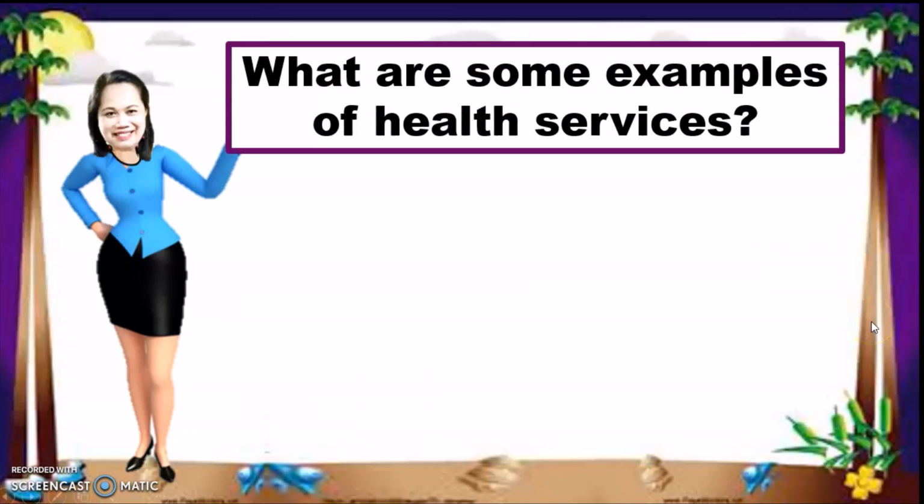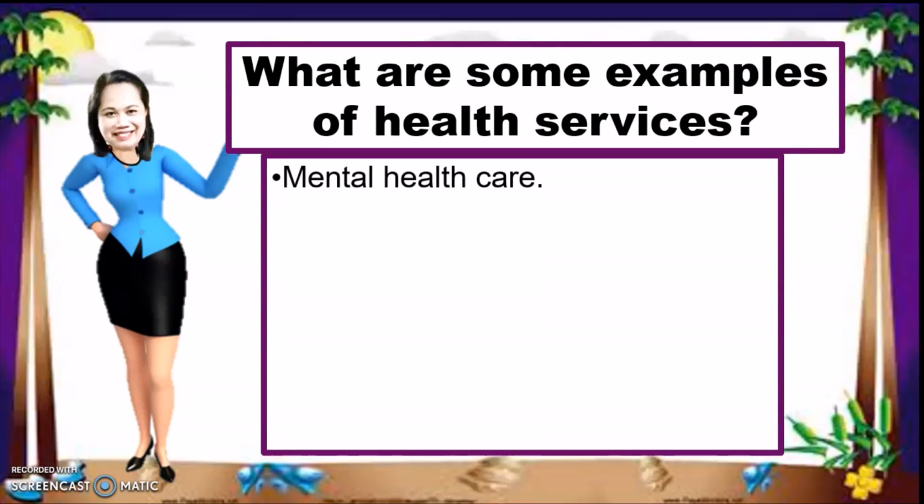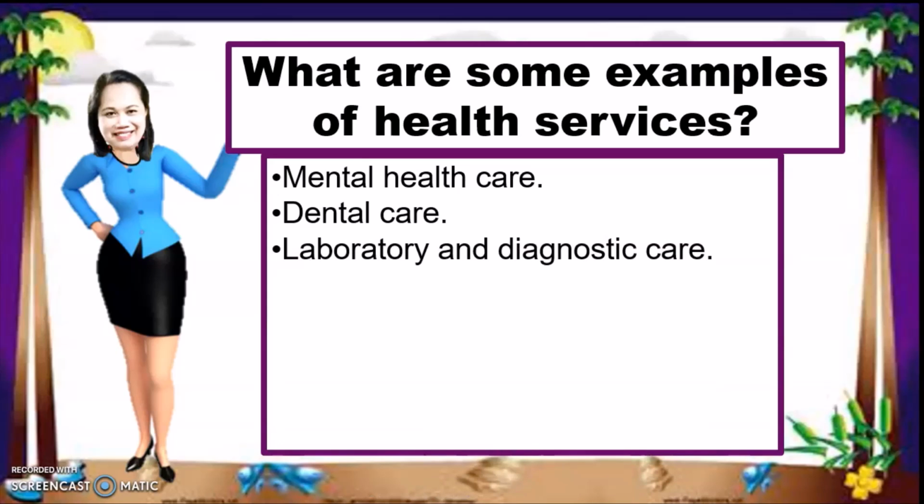Okay, now, what are some examples of health services? The first one is the mental health care. If you are mentally ill or mentally stressed, then you go to the mental health care. Now, if you have a broken tooth or a toothache and you want to pull it out, you go to the dental care.